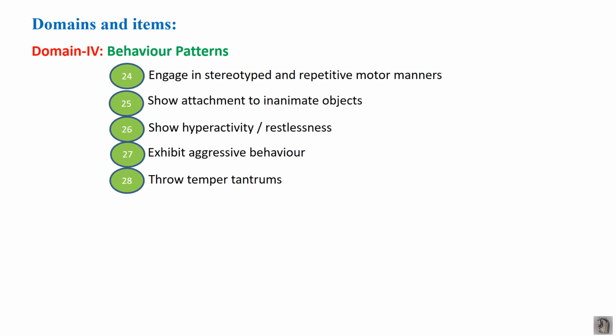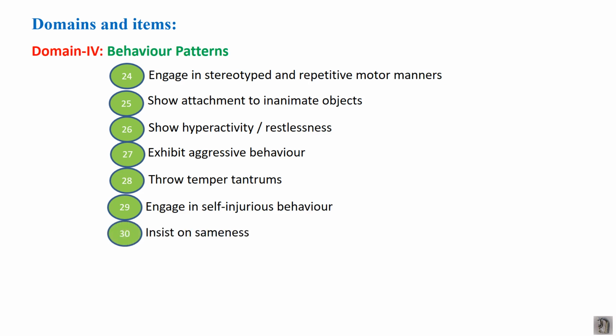This behavior happens when the child is frustrated. Engage in self-injurious behavior, yes. A person with autism may indulge in self-injurious behavior like biting himself, hitting, tapping on the table, or showing some sort of self-injurious behavior for their needs.